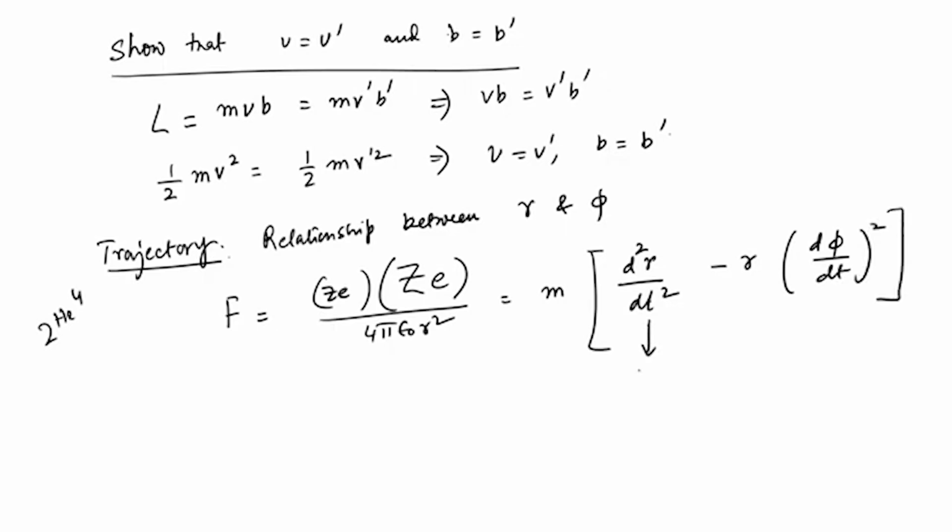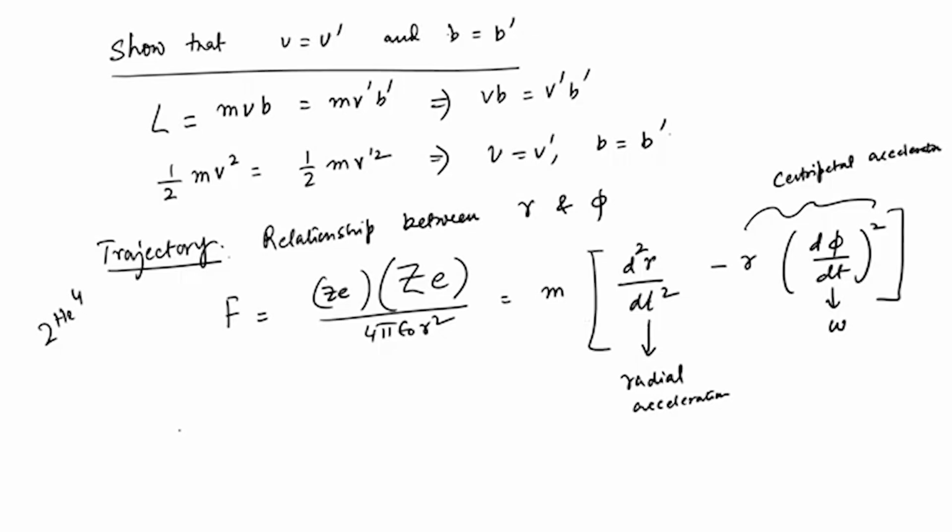This is called the radial acceleration, and d phi dt is nothing but omega, and this whole term is called the centripetal acceleration, basically r omega square. So, this force is equal to mass into acceleration.